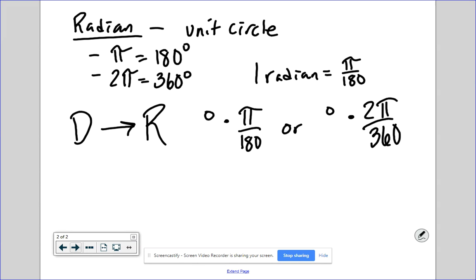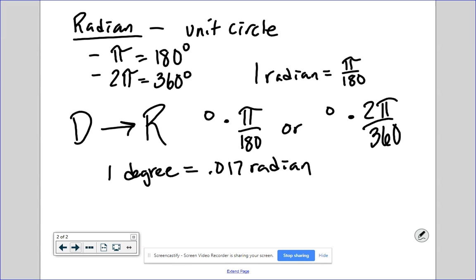So 1 degree is approximately 0.017 radians. How do we get that? We just take pi and divide it by 180 and find that decimal approximation.